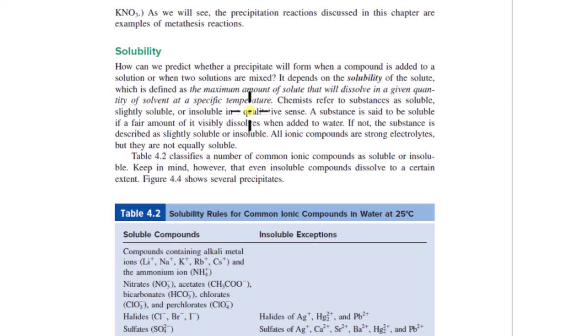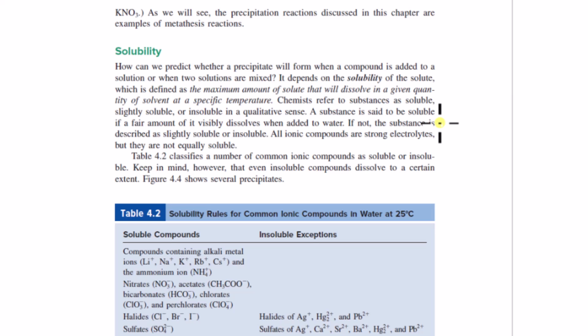Okay, but if a substance is not insoluble, then what solubility tells you about a substance is how much of that substance can dissolve in water before the solution gets saturated and no more can dissolve. And so really with these precipitation reactions, we're more focused on insoluble versus soluble and not so much the actual level of solubility, right? We're going to be asking, okay, is something soluble or insoluble?